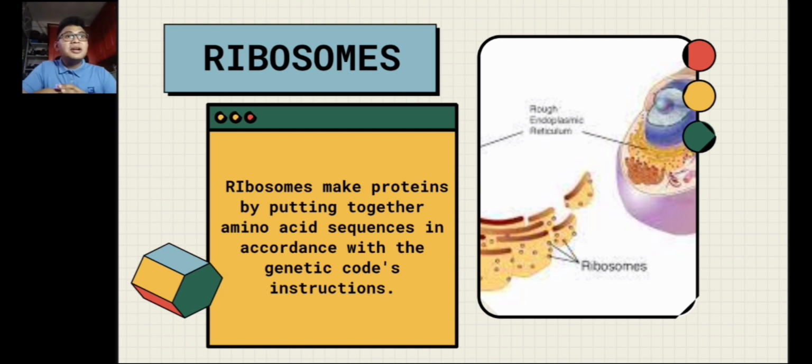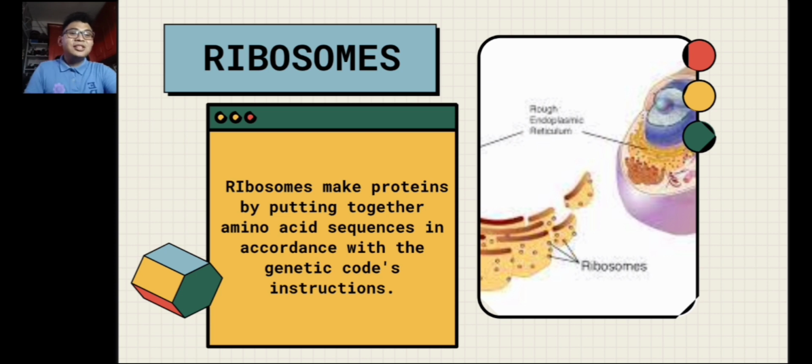Ribosomes read the RNA and translate it into protein by sticking together amino acids in the order defined by the RNA. Some of the ribosomes float freely in the cytoplasm. Always remember that. And the others are attached to the ER, or what we call the endoplasmic reticulum. That's the second part of the cell.